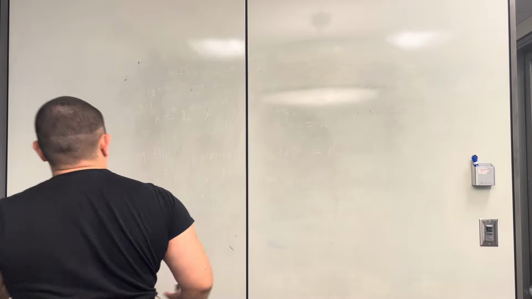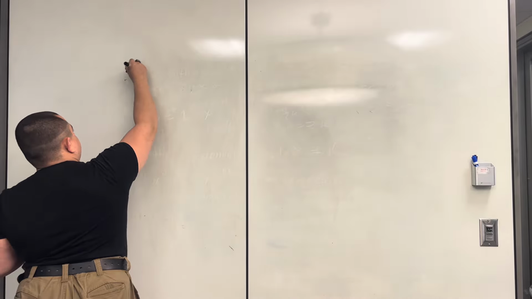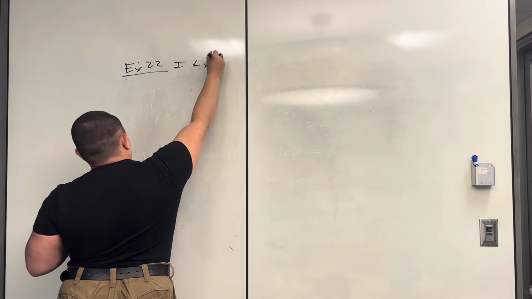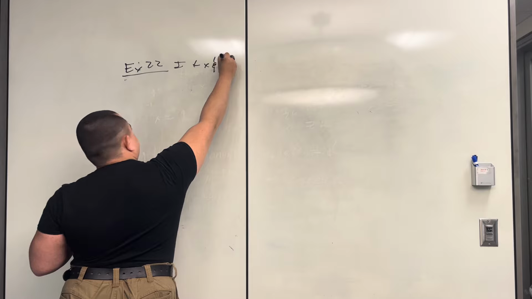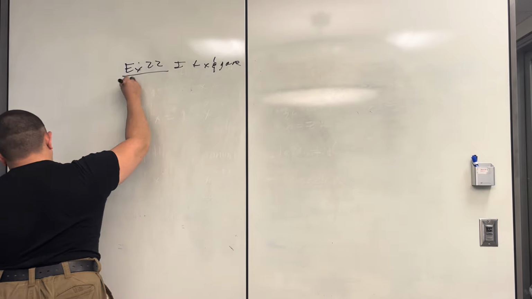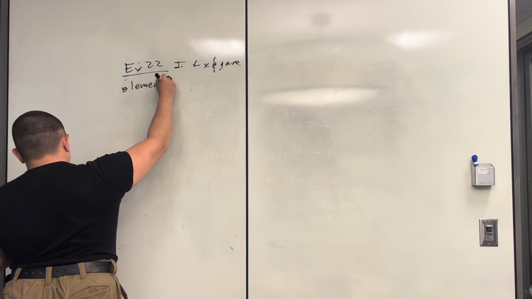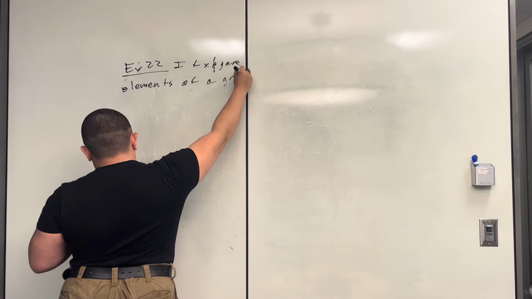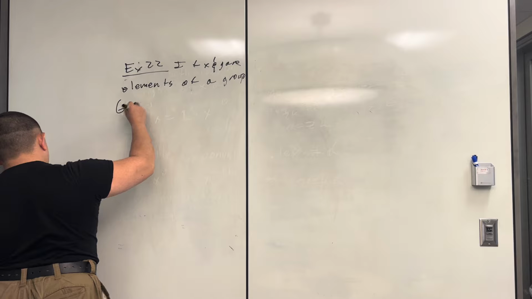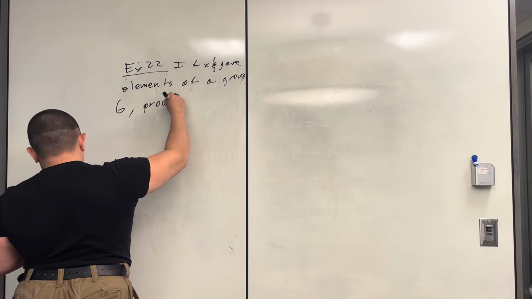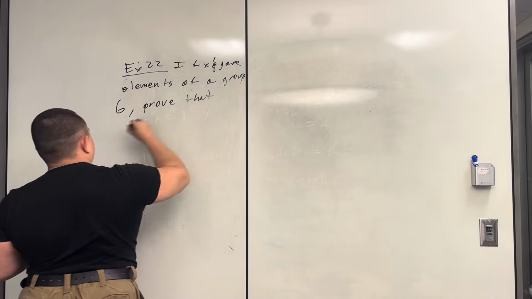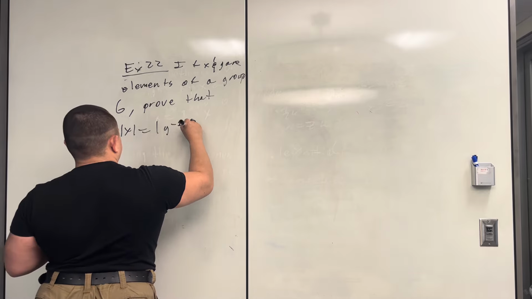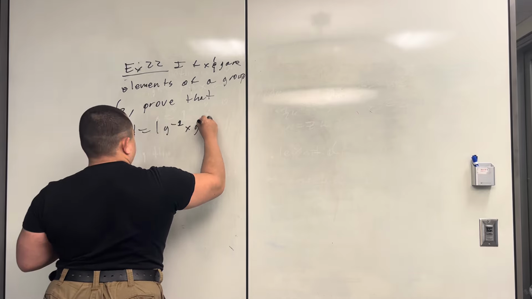So, exercise 22 states: if x and g are elements of a group G, prove that the order of x is equal to the order of g inverse x g.